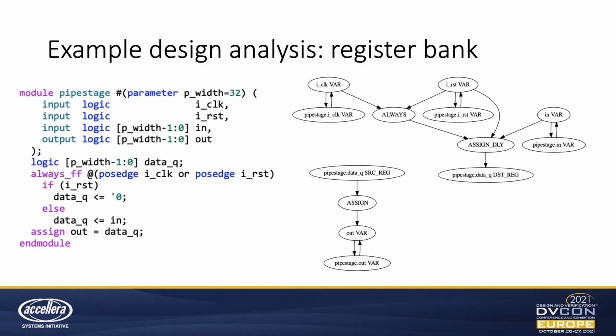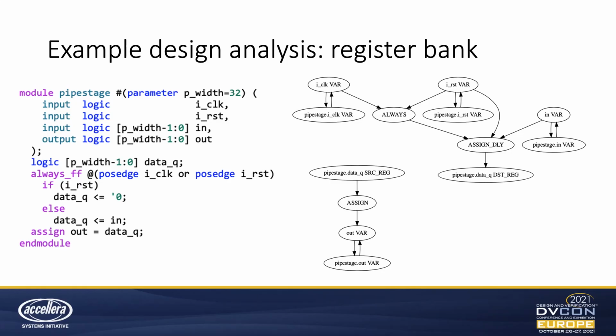In the top graph, the nodes are the logical fan-in cone to the data queue, and that takes the input and the clock and reset, which are part of the always FF sensitivity list. And then at the bottom, you've got the logical fan-out of data queue, which is an assignment to the output variable.